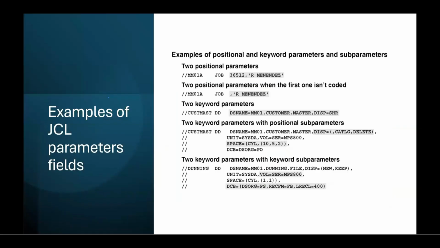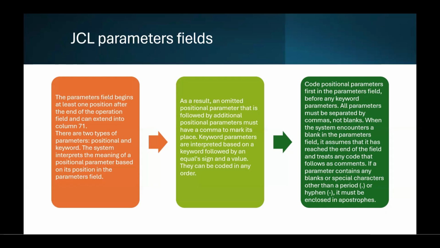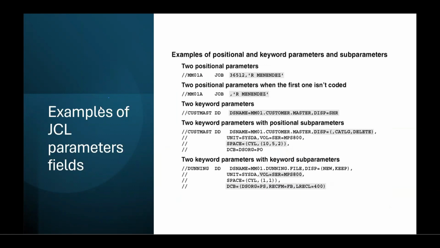So let me give an example. This is a good example where you can have the positional parameter and the keyword parameter. You can have a number of positional parameters. So this is the example of positional parameters. You have written your job, and after the job statement you are giving some values, for example accounting information, or the programmer who coded this job.